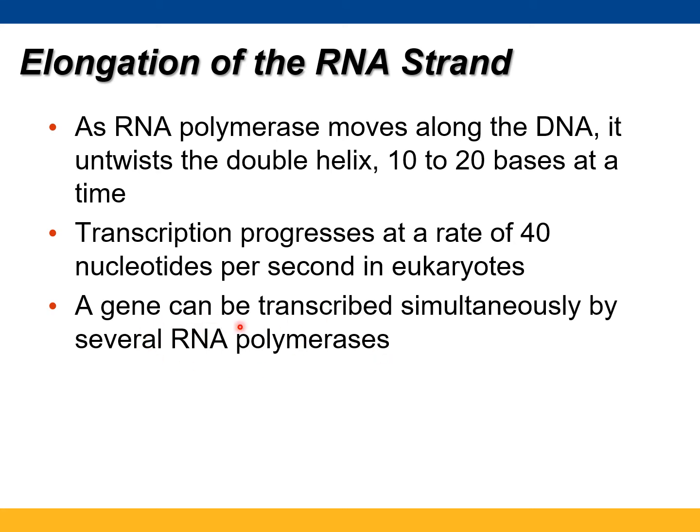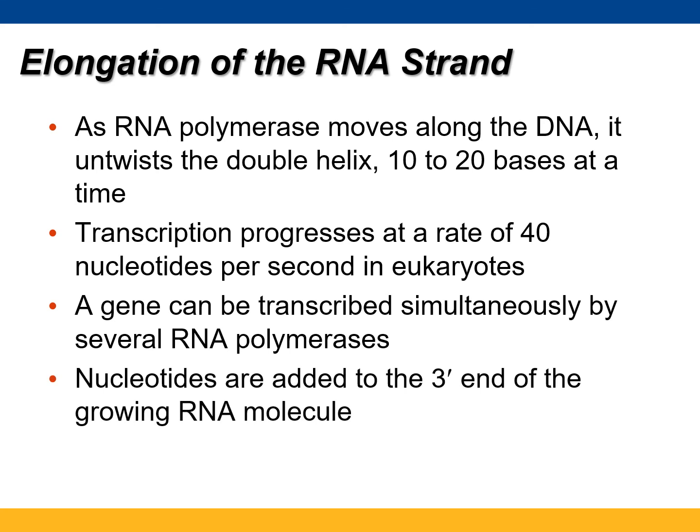We don't have just one RNA polymerase here. We might actually have several working a DNA sequence simultaneously. And we're, again, synthesizing 5 to 3. So we're adding nucleotides. And so the 5' end of that transcript is coming out, and the 3' is where we're adding additional nucleotides.